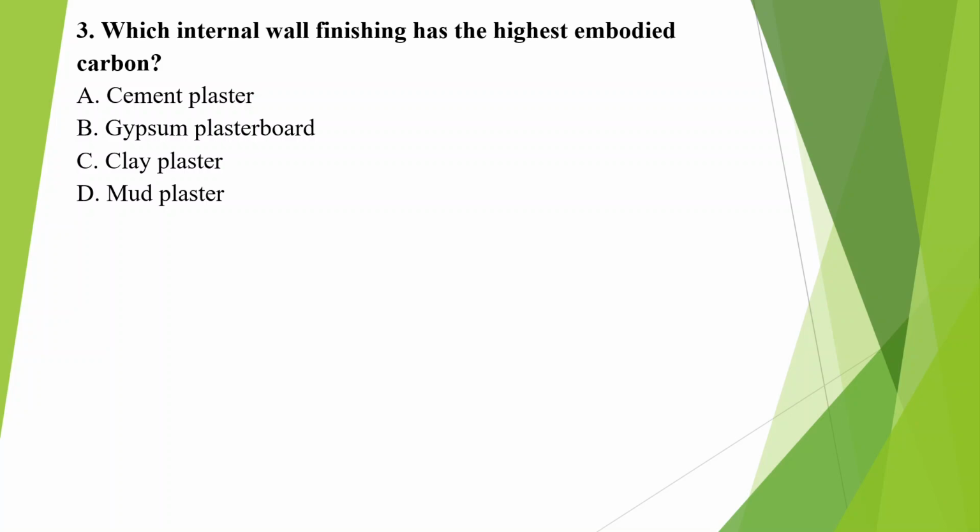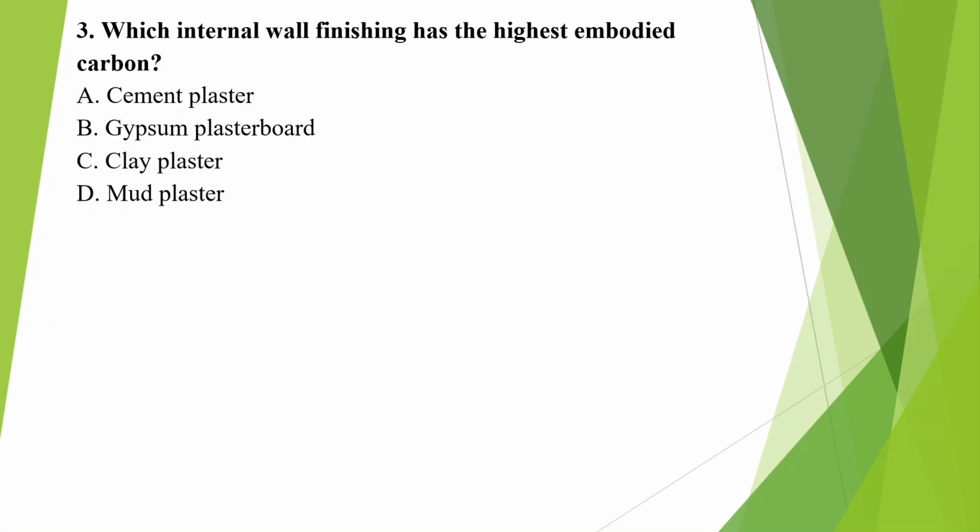All of you have marked it correctly, and all of you know that cement has high extraction, manufacturing and transportation energy, whereas gypsum comes under medium energy, while clay and mud, the other last two options, come under low embodied energy. So high embodied energy was only one, that was cement plaster.